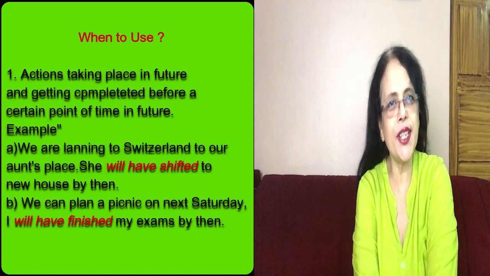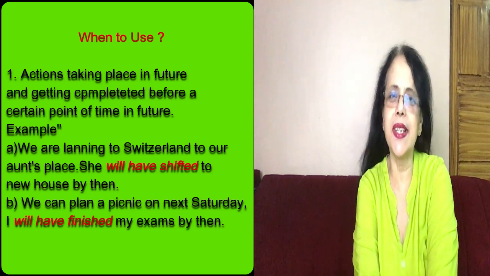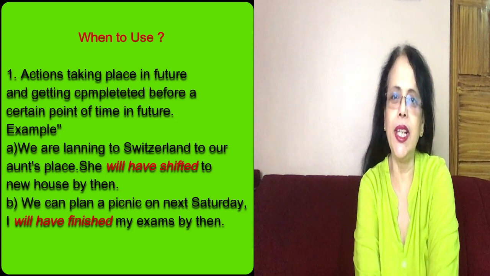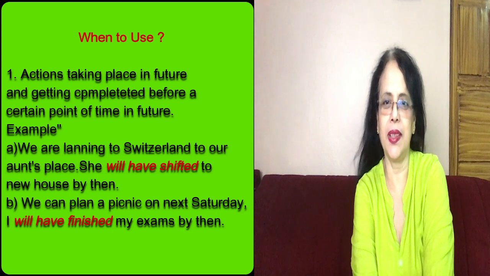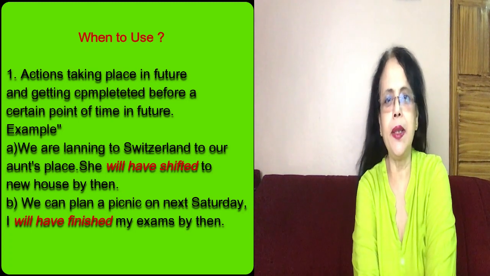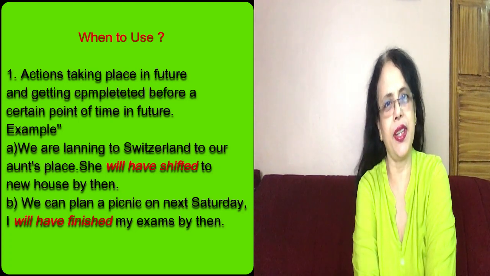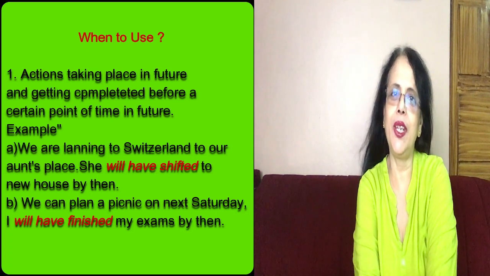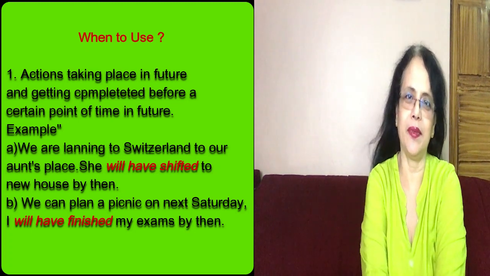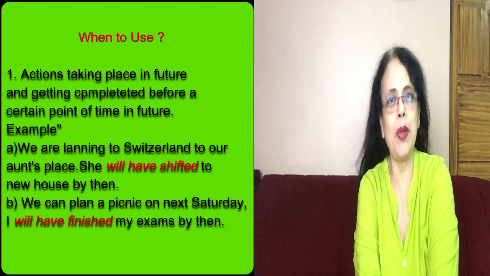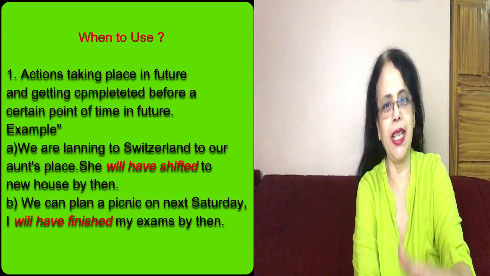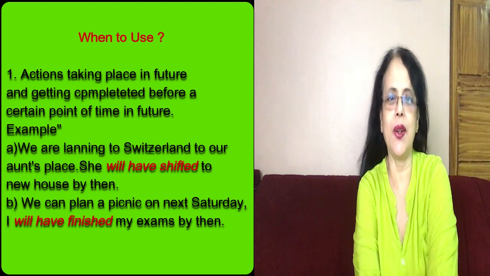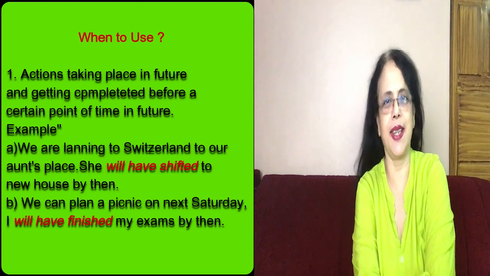So which words represent that this is in future perfect tense? Will have shifted. Another example, we can plan the picnic on next Saturday. I will have finished my exams by then. So we are planning a picnic for Saturday, and by then you will have completed or you will have finished your exams.